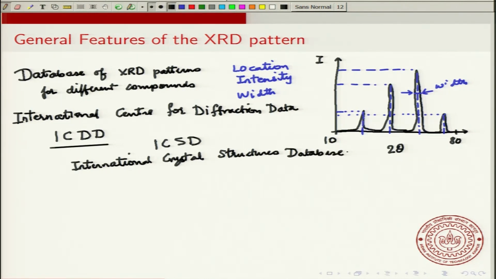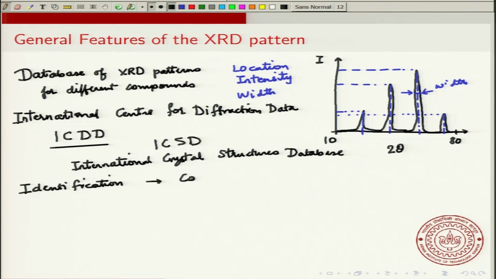Why I am mentioning these two databases is that for every compound that has been crystallized, its powder diffraction data is available in the International Center for Diffraction Data. So, if you want to identify your compound, you can compare with this database.